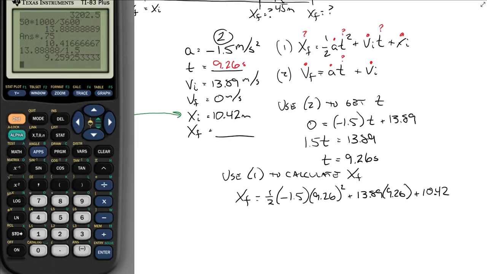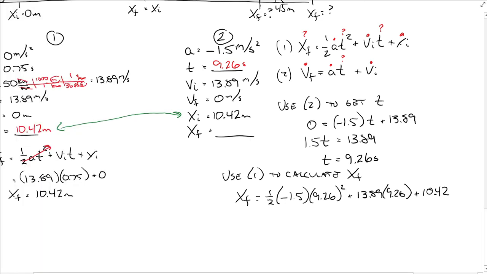And when I calculate that all out, I get a final position of 74.72. That's not good. X final is equal to 74.72 meters.